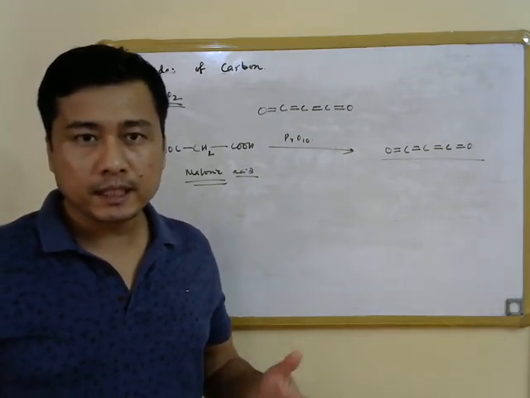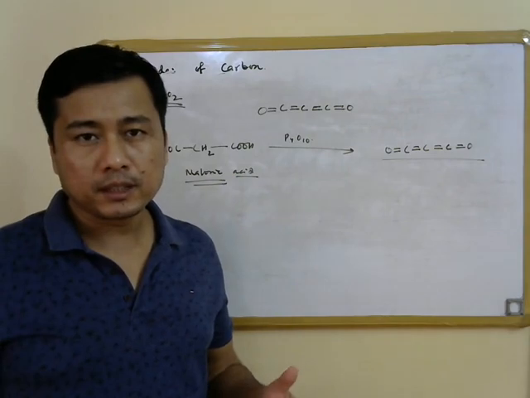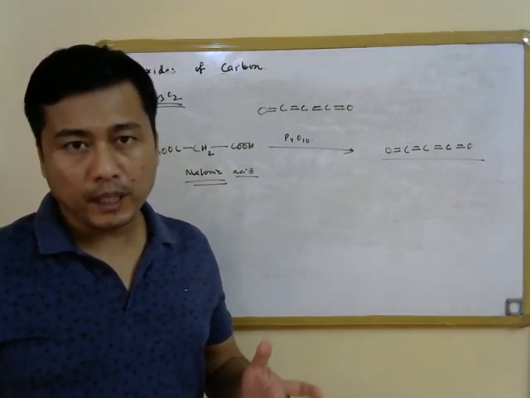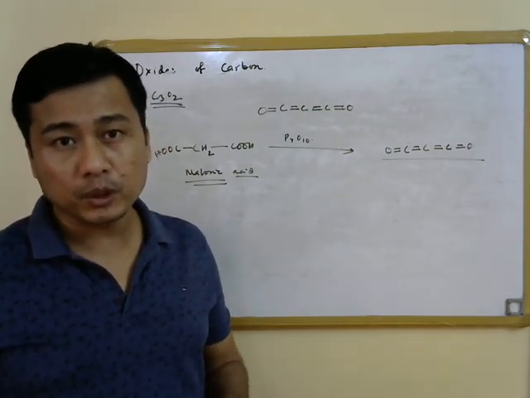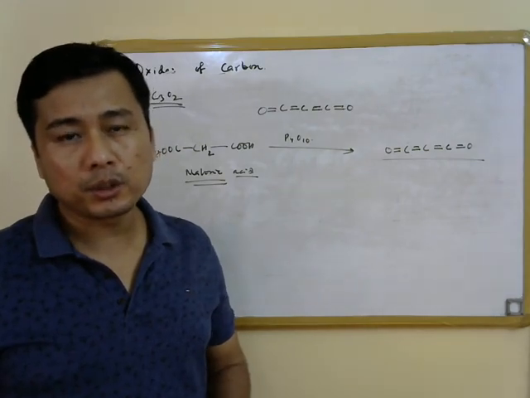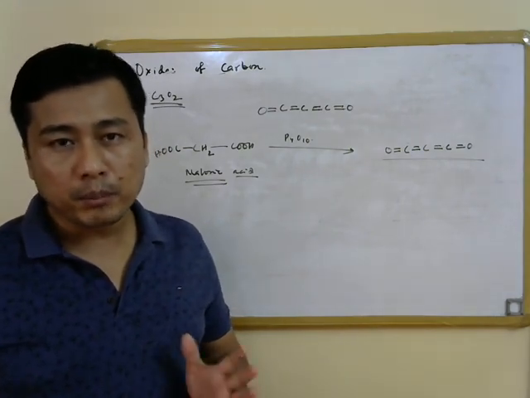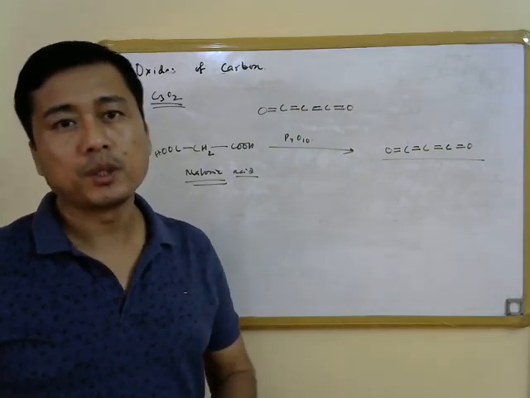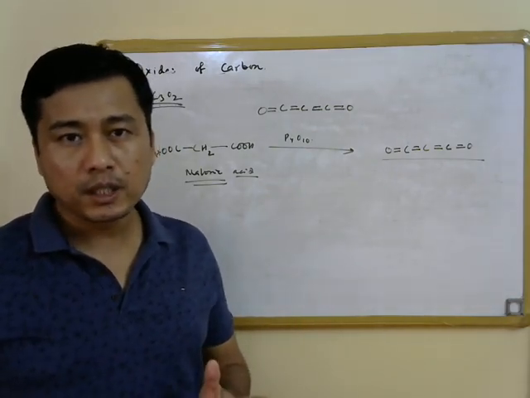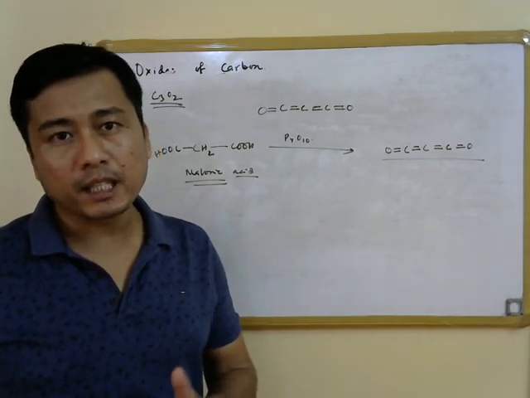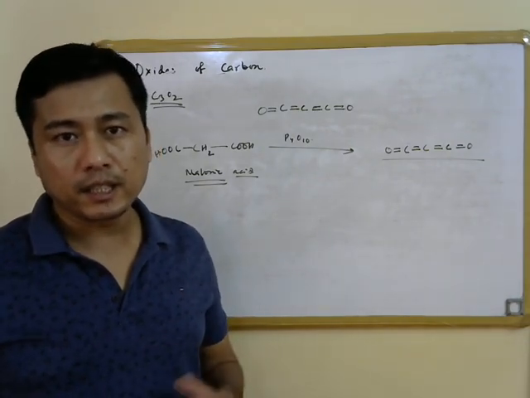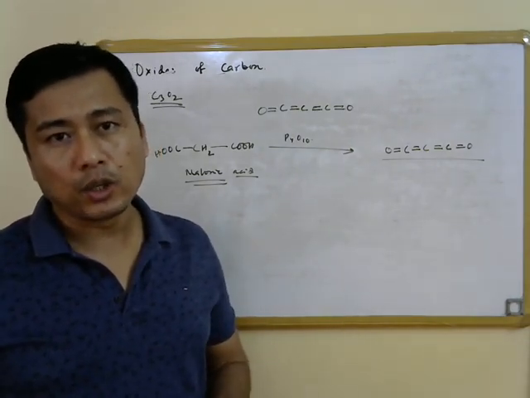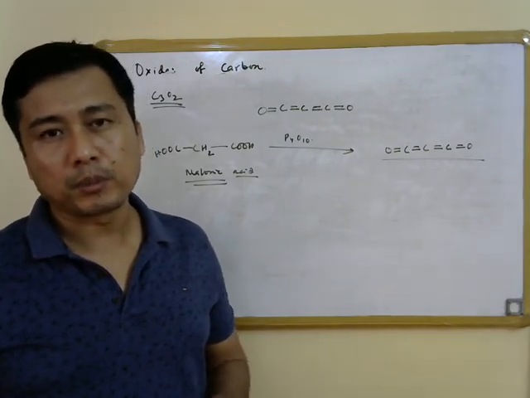looked at how one can detect carbon monoxide, that is, when one passes carbon monoxide gas through an aqueous solution of palladium chloride, palladium metal is going to be formed because carbon monoxide will reduce palladium chloride into palladium metal, and the palladium metal, because of its black color, can be easily identified, and this is how one can detect the presence of carbon monoxide.